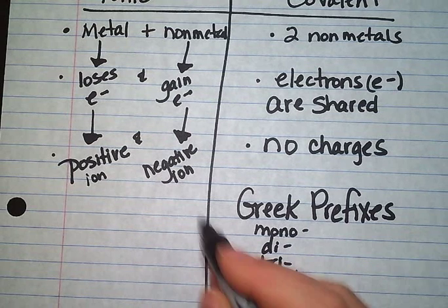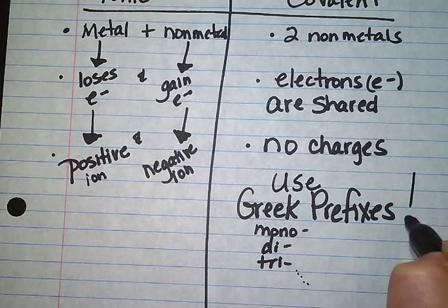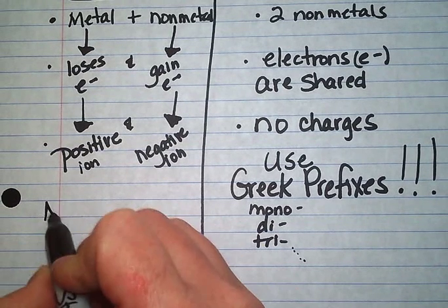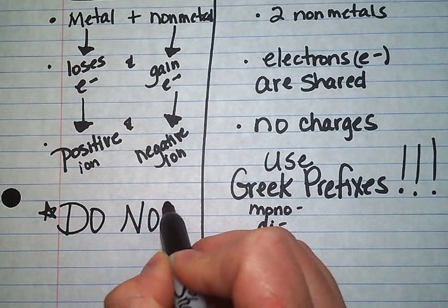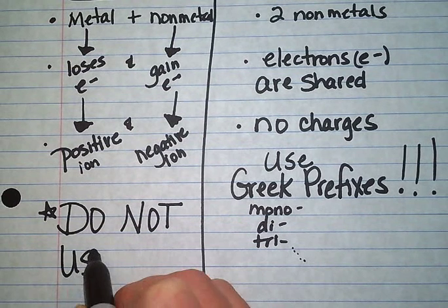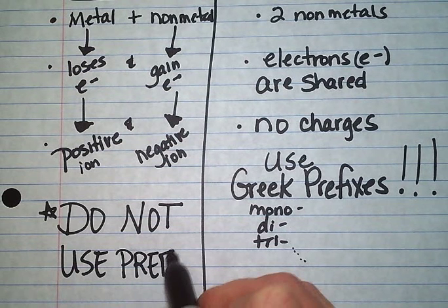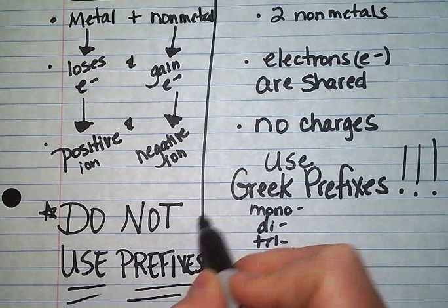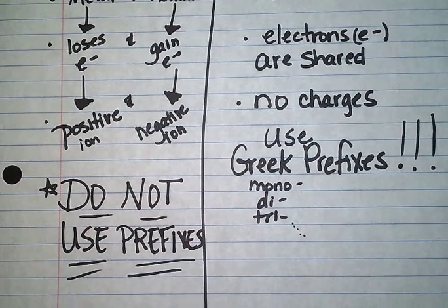To name covalent compounds, we are going to use Greek prefixes. Over here, write yourself a big note. Do not use prefixes. So that's the difference in the two.